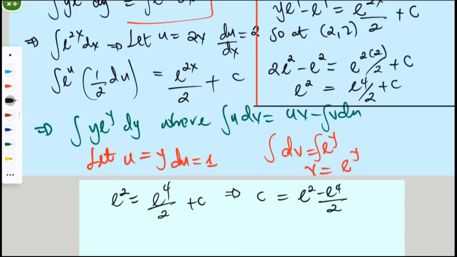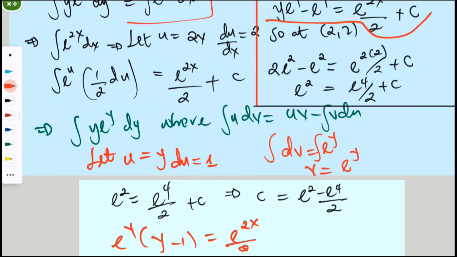Okay, it means that our function would be, let's get it from here, y e to the power y, I can factor out, e to the power y times (y minus 1) equals e to the power 2x over 2 plus the c, e squared minus e to the power 4 over 2.